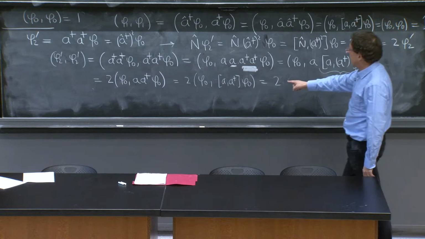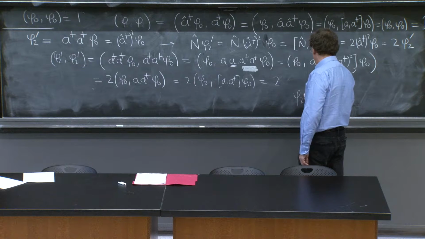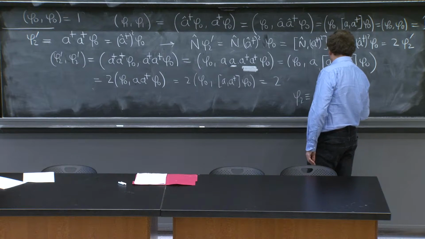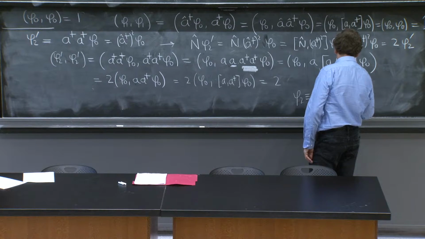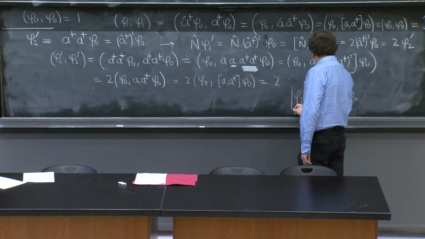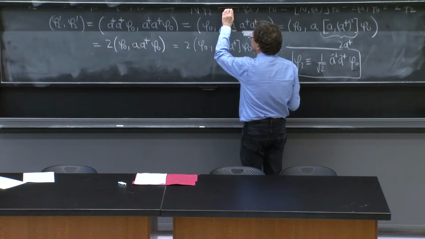Well, if the normalization gives you a 2, then you should define phi 2 as 1 over square root of 2, A dagger squared on phi 0. And that's proper.